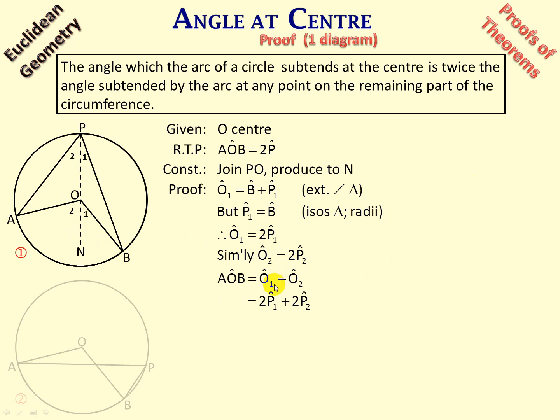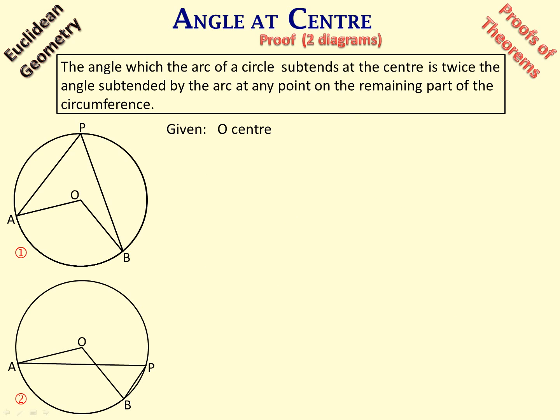A common factor of 2 comes out, and P1 plus P2 is the whole angle P, so therefore twice P. And it's proven. AOB equals twice P.